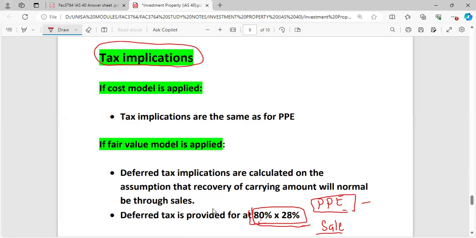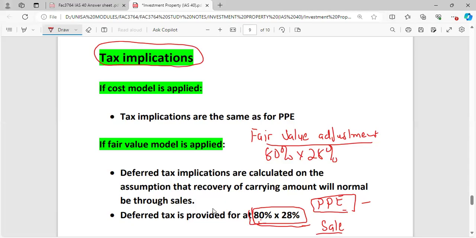So deferred tax on investment property is going to come from the fair value adjustment. And don't forget to apply the 80% times 28% on the fair value adjustment. That is going to be the deferred tax on investment property.